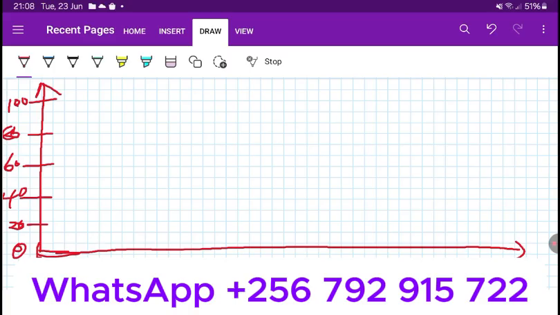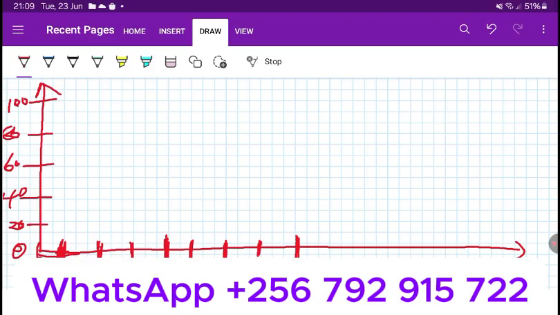So I can say that maybe this is my first centimeter, this is the second centimeter, maybe this is the third, and this is the fourth centimeter. Then I say that this is going to be a representative of city A. Then I come to this, I also count that this is maybe 1, this is maybe 2, this is maybe 3, then those are 4 centimeters.